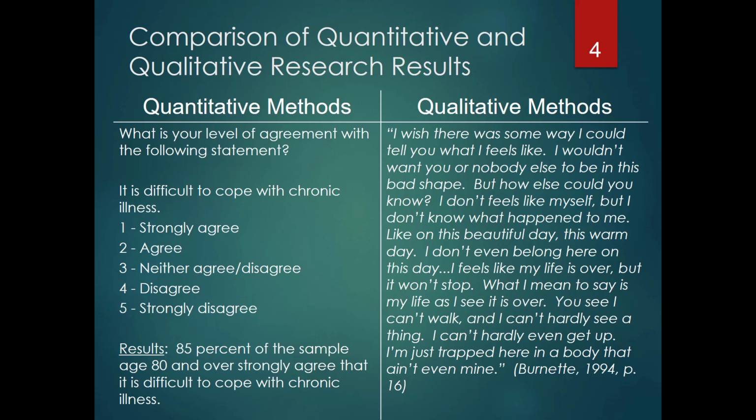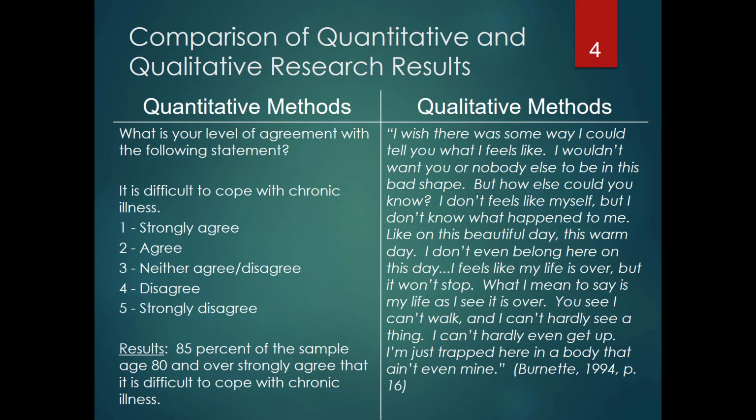So here's a comparison of quantitative and qualitative research results. Looking at the quantitative methods, this is the one where we use numbers and statistics, so we may have a question on a research survey like, what is your level of agreement with the following statement? The statement could say something like this: it is difficult to cope with chronic illness. And then we give them choices from 1 to 5, strongly agree to strongly disagree.